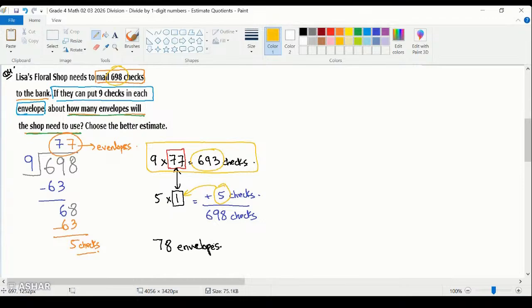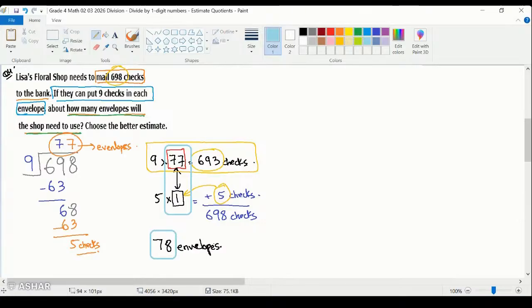That means 693 checks were done. 5 checks are left, and they cannot be sent individually. They also have to be sent in an envelope. So the total number of envelopes used would be 78. Agreed? 77 completely filled, and the last one has 5 checks in it.